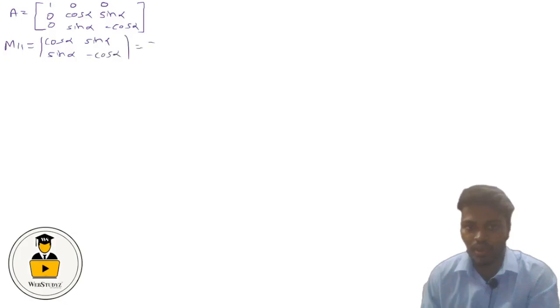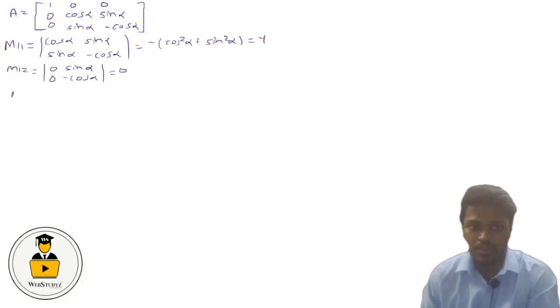So this will be minus of cos square alpha plus sin square alpha, which is minus 1. Then M12 is first row, second column, so it is 0 sin alpha, 0 minus cos alpha. It will be 0. Then M13 is first row, third column, so it is 0 cos alpha, 0 sin alpha. It is 0.